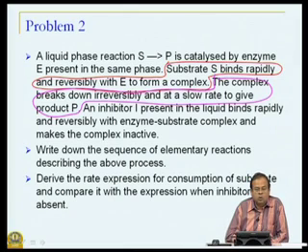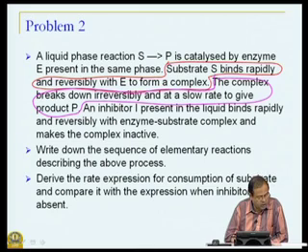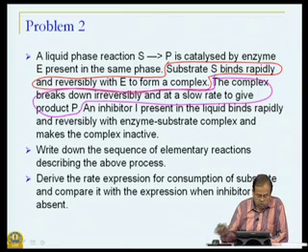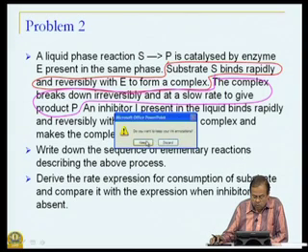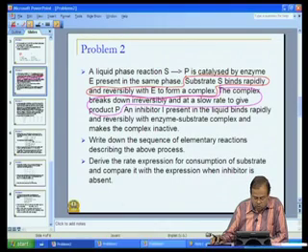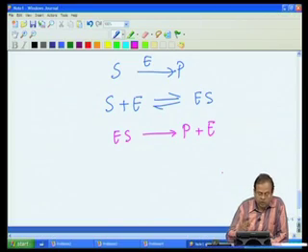There is more. An inhibitor I present in the liquid binds rapidly and reversibly with enzyme substrate complex and makes the complex inactive. So, we have to incorporate this third piece of information into our description of reaction. So, what happens?